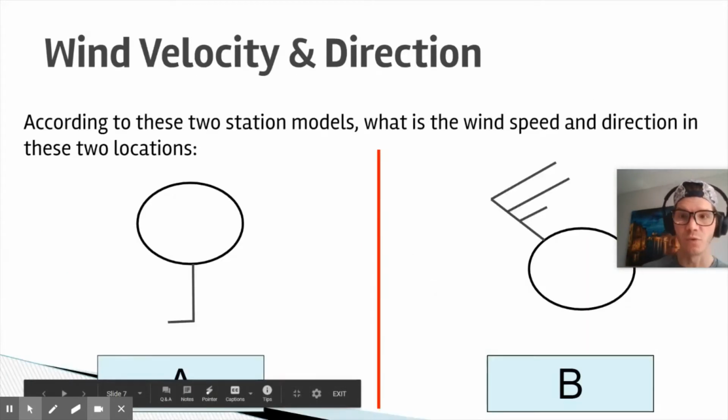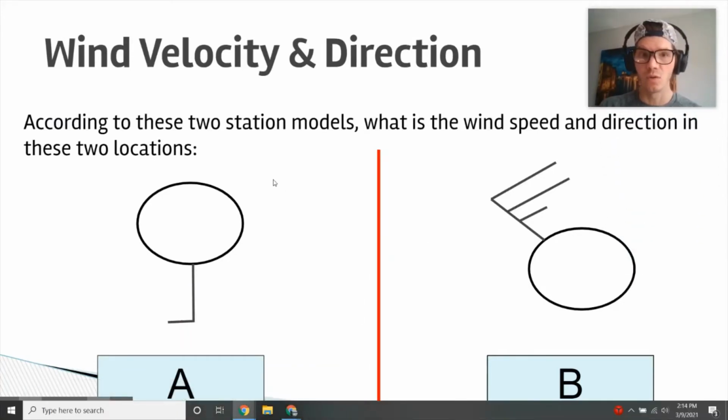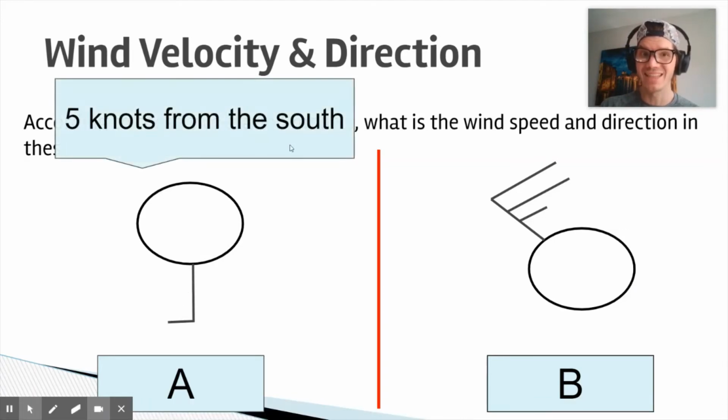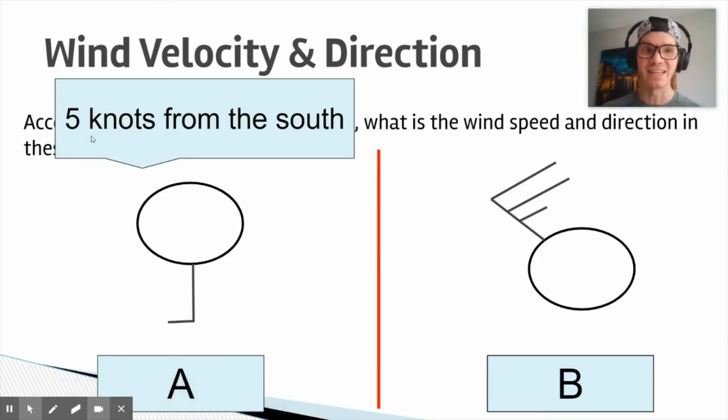So if we were to get some explanation in these two, for station model A, I see that the staff is coming off the bottom of the circle. So again, it's north, south. So the direction would be from the south. And since I have a half feather coming off that staff, I would say it's 5 knots.